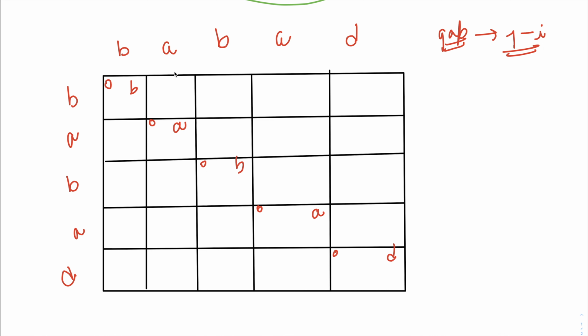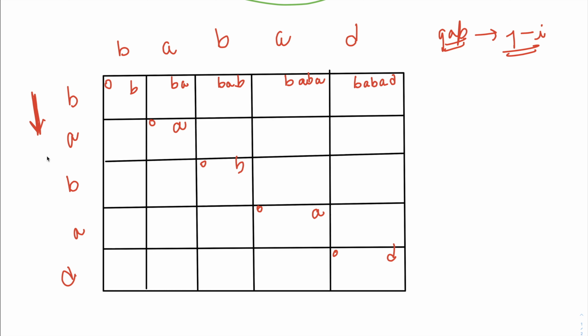So we will write here B A B A D along the first row, then BA, AB, BA, AD, and lastly BABAD.